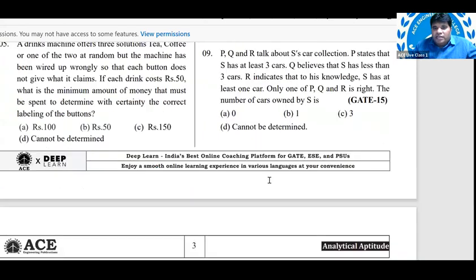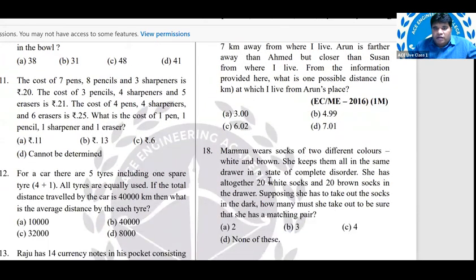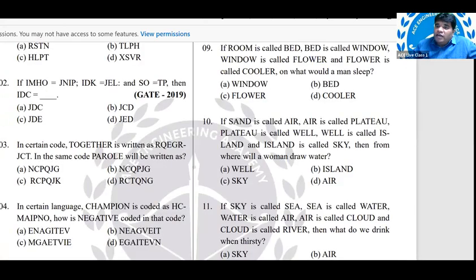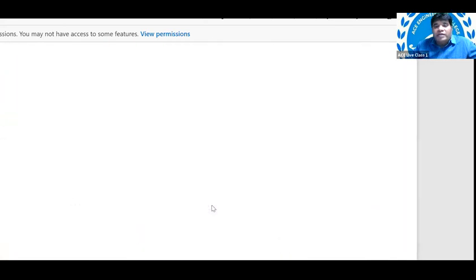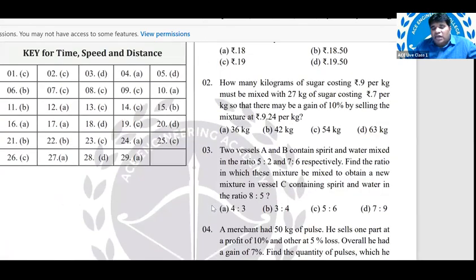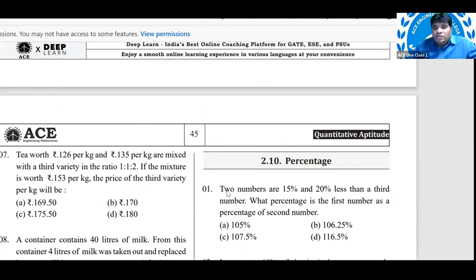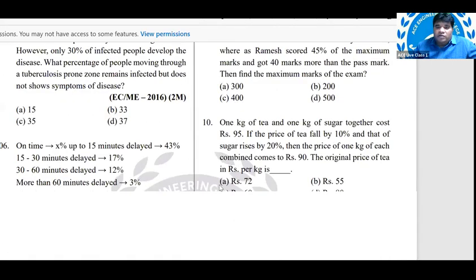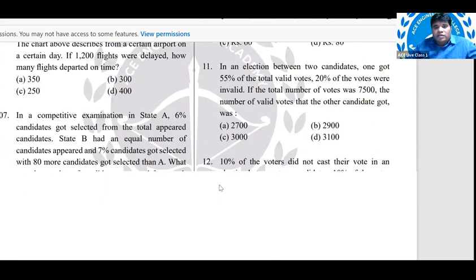Next, blood relations completed. Now, in quantitative aptitude, remaining is mensuration. Tomorrow, mensuration. Day after tomorrow, mensuration, data interpretation, probability, and spatial aptitude. So the three topics, then the topic is over.